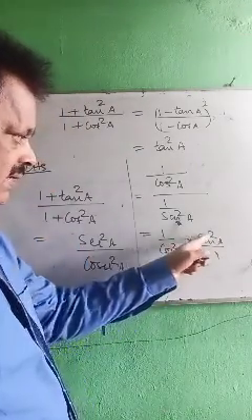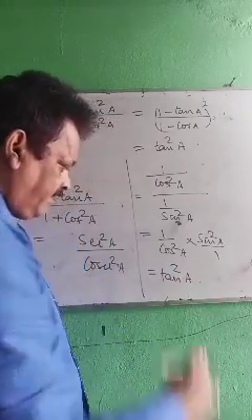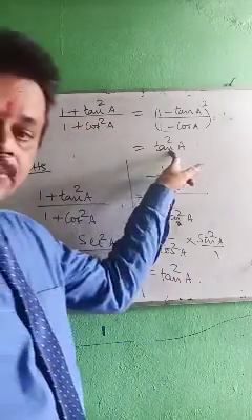What is sin by cos? Tan. So that became tan square A. Now this one equals this one, proved.